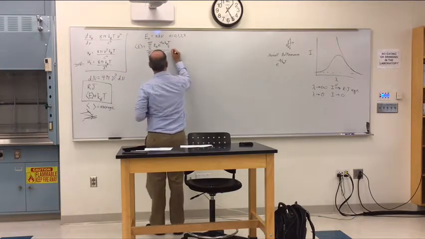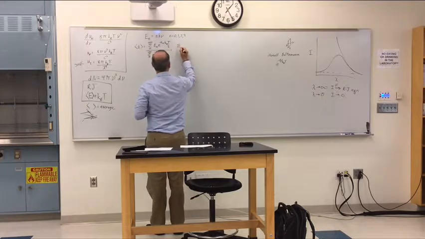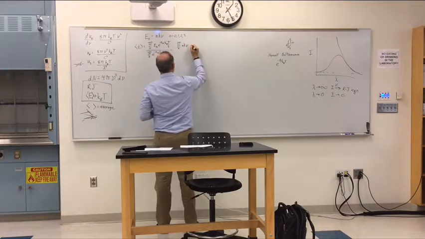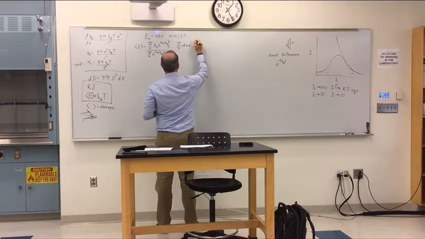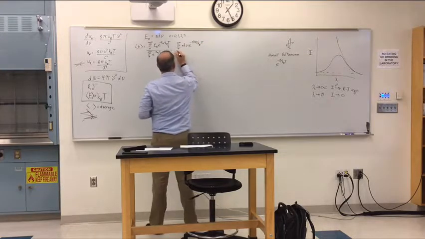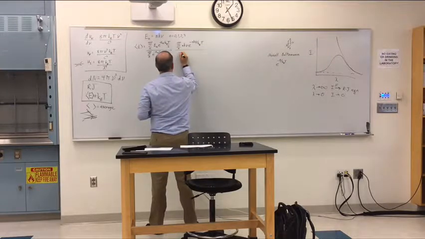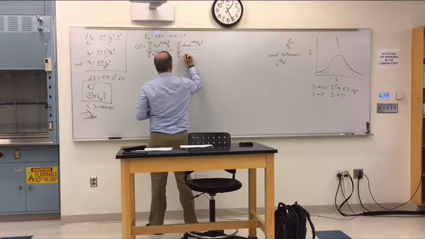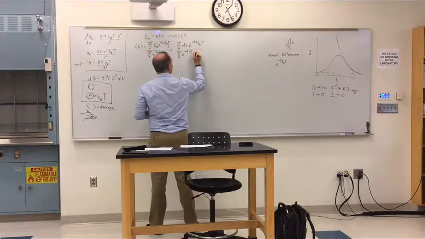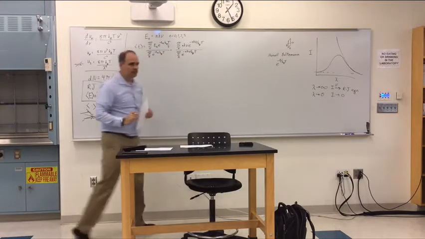So this would be equal to the sum over all of our states of nh nu times e to the minus nh nu over kBT, divided by the sum over n of e to the minus nh nu over kBT.